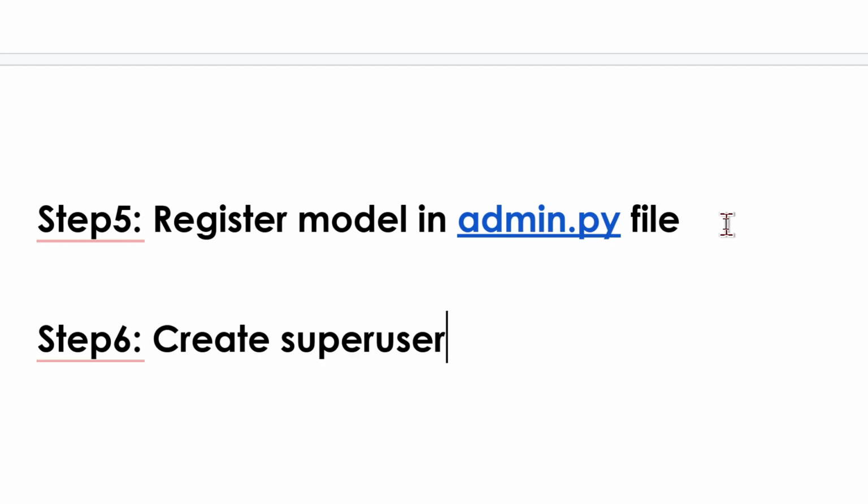Okay, and step 6 is what? Step 6 is, okay, create super user. Okay, because once you are registering your model in admin, so you should have admin credential.